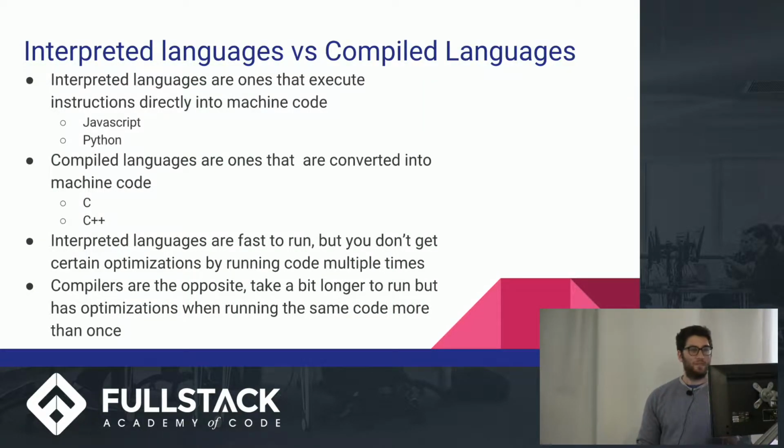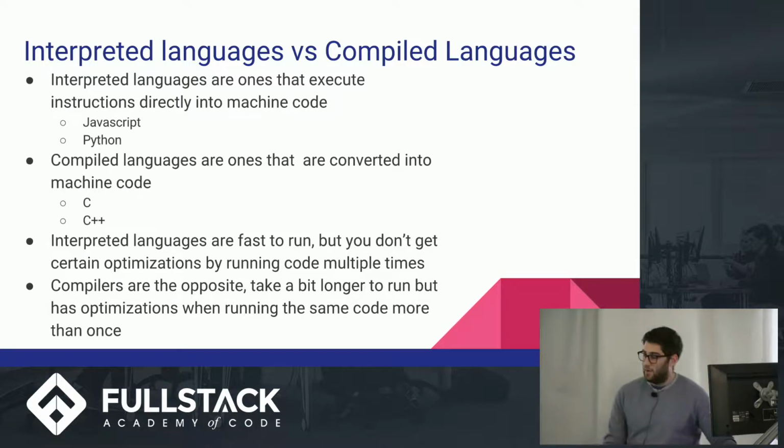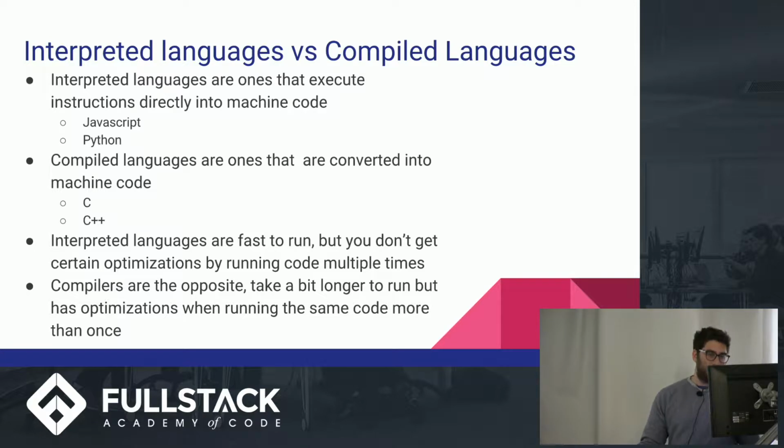So, interpreted versus compiled languages. In the beginning, we kind of talked about just-in-time compilation, which I'll go further into in some future slides. But essentially, what I want you to take away from this is that, theoretically, there are two types of computer programming languages: interpreted languages like JavaScript, and compiled languages like C. A really good explanation I once read was, think of your computer as almost like an alien.